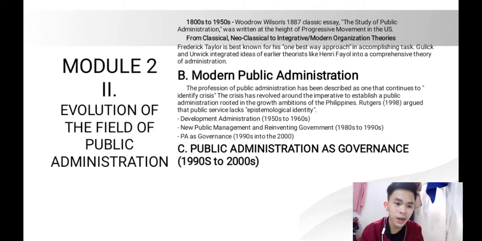Okay, the development administration in the 1950s to 1960s. Development administration, or DA, as a field of study emerged in the 1950s and 1960s, with third world countries as the focal point. These developing countries were in urgent need to implement fundamental reforms in the political administrative machineries.